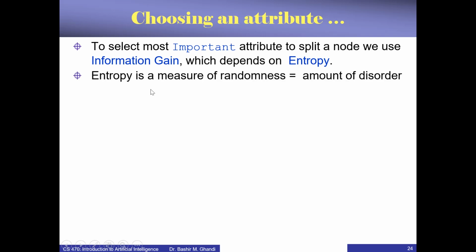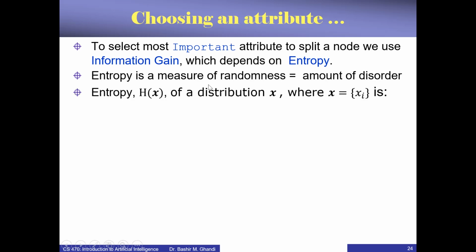Entropy is a measure of randomness in data values. That is, the amount of disorder in the data values. It is defined as follows.